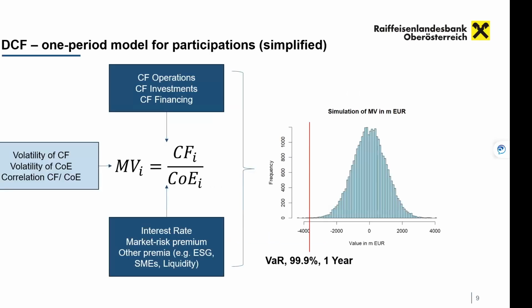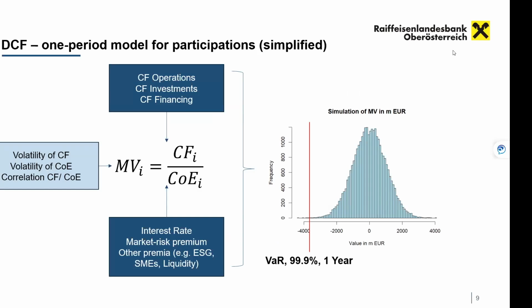So if we jump into the next slide, we already gave a bit the direction of what a discounted cash flow model is for the purpose of participation risk. Here we see a very simplified approach of calculating the market value of a participation of a company by dividing the cash flow by the cost of equity.